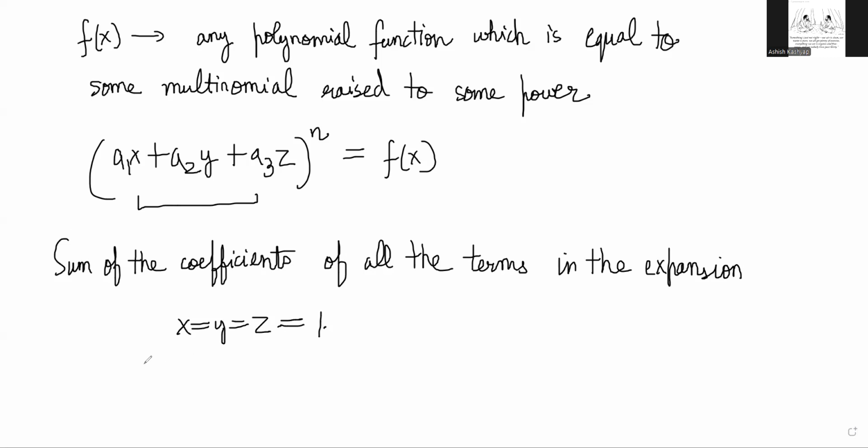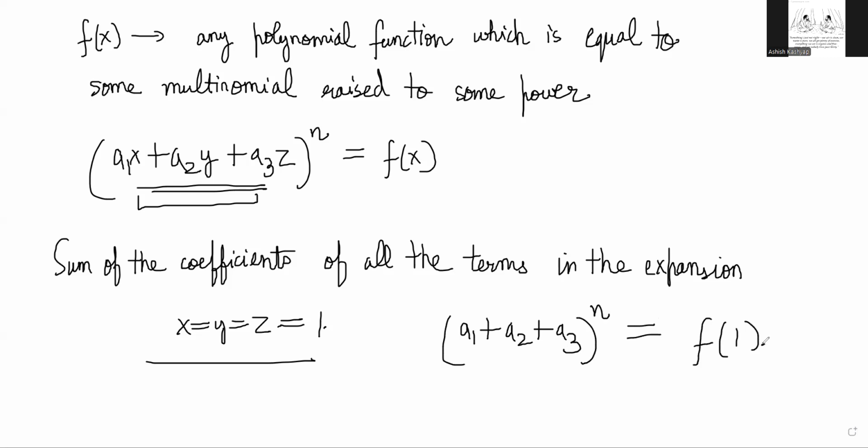X plus y plus z is equal to 1. If you put all the variables as 1, the terms will just have simply coefficients, right? So you will end up with something like a1 plus a2 plus a3 power n, which is f of 1, and that will become the sum of all the coefficients. When we do some problems, this will be obvious. So just hold on for a bit. We will do some problems in the next video and you will understand what I'm talking about here.